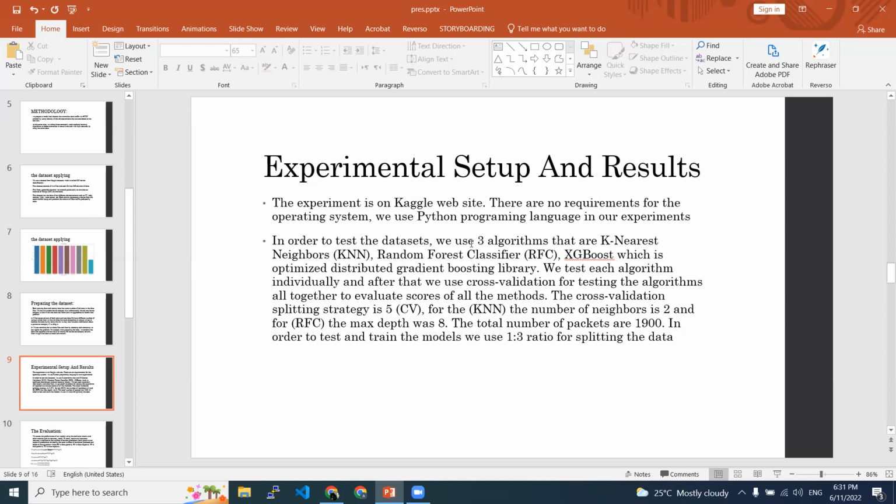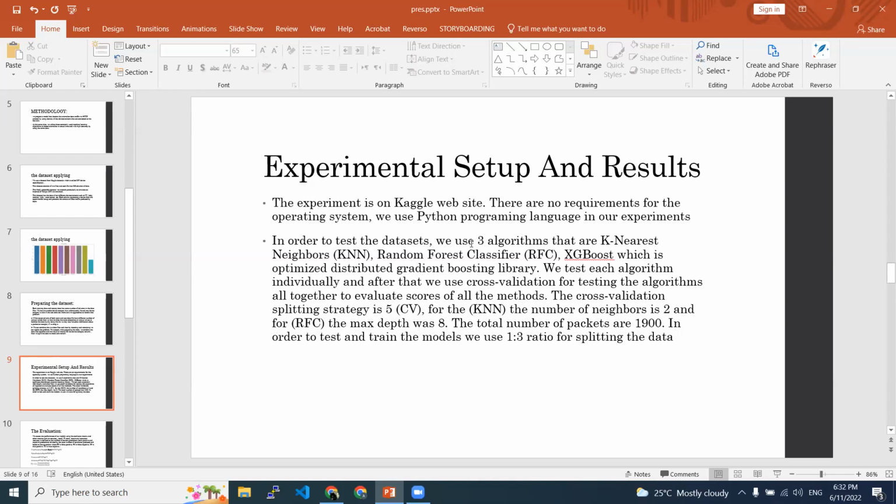The cross-validation splitting strategy is 5 CV. For the KNN, the number of neighbors is 2, and for the random forest classifier, the maximum depth was 8.